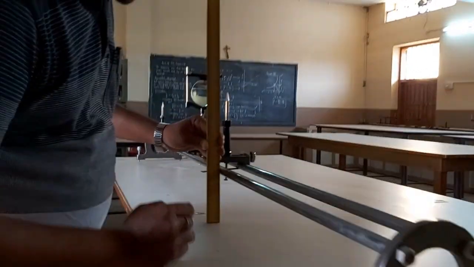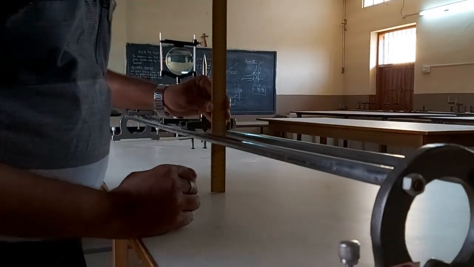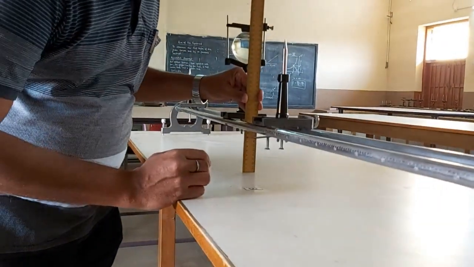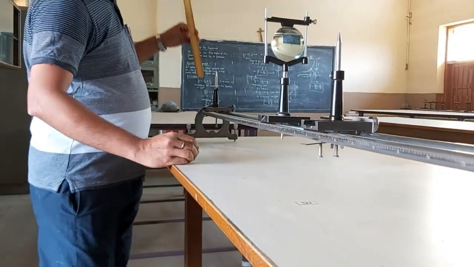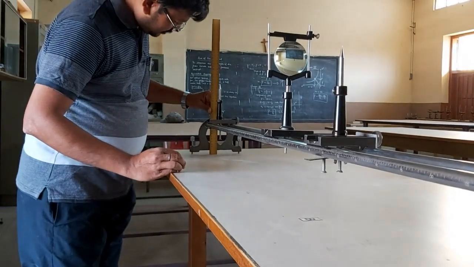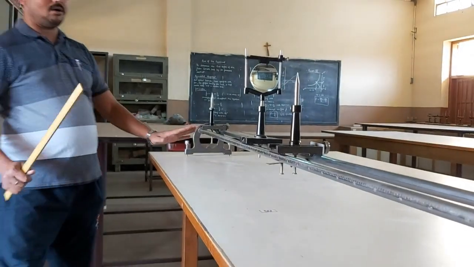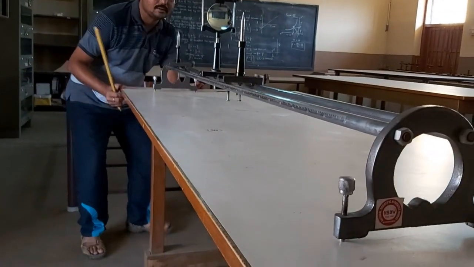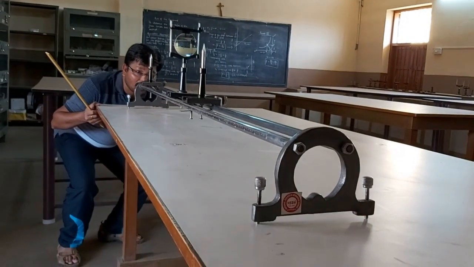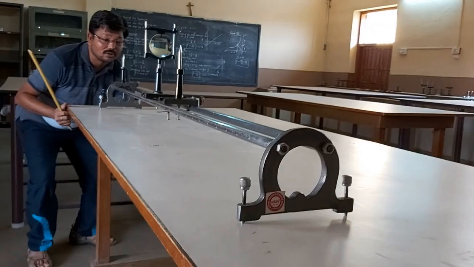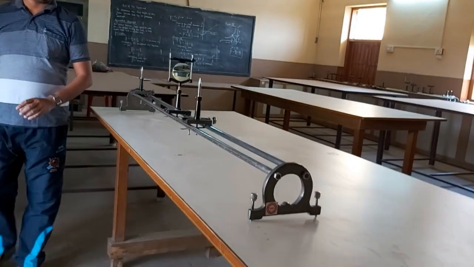If we check here, or from this side, it is approximately 11, and at the end it is also approximately 11. So it is parallel, and we can also check with one eye like this whether it is parallel or not. If we are confirmed that it is parallel, then we start with our second step.